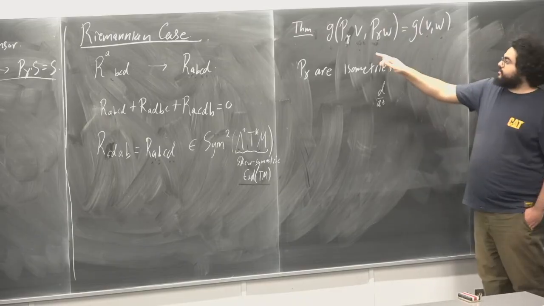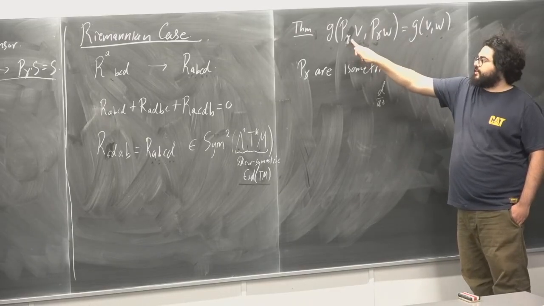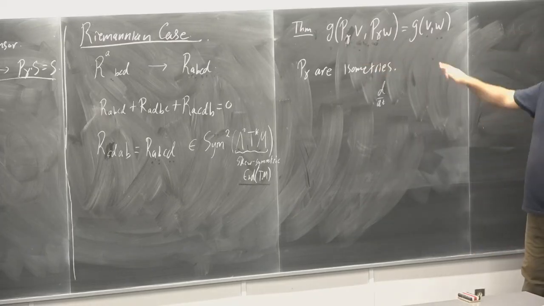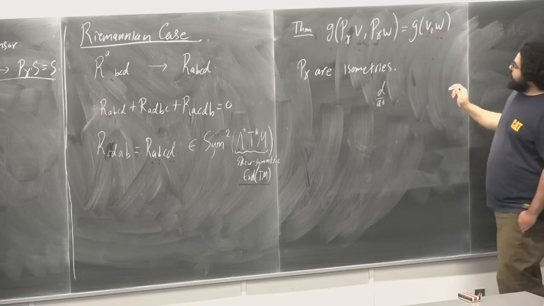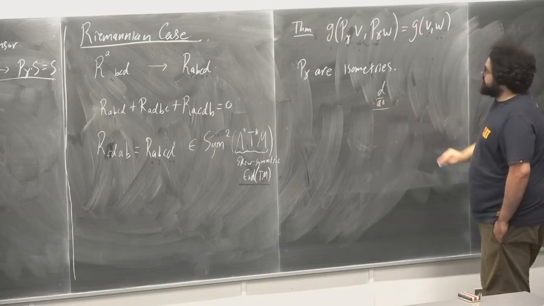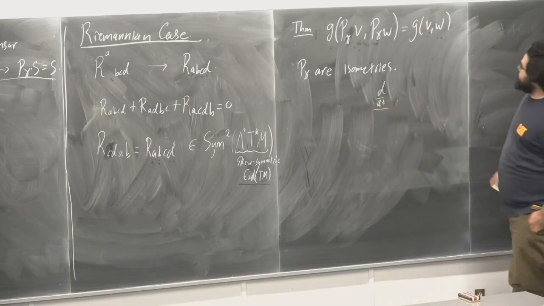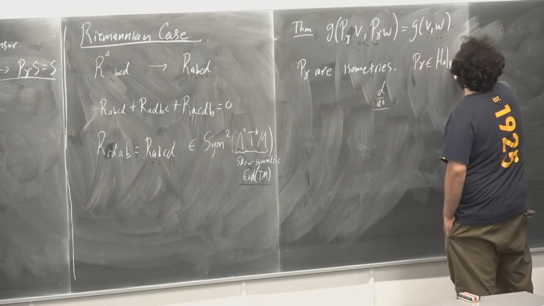And once you show that it's equal to 0, that means that this thing is constant regardless of how much you move along gamma, and then that means that this thing is just the same as if you started at P, W. Okay. So P_gammas are actually isometries.